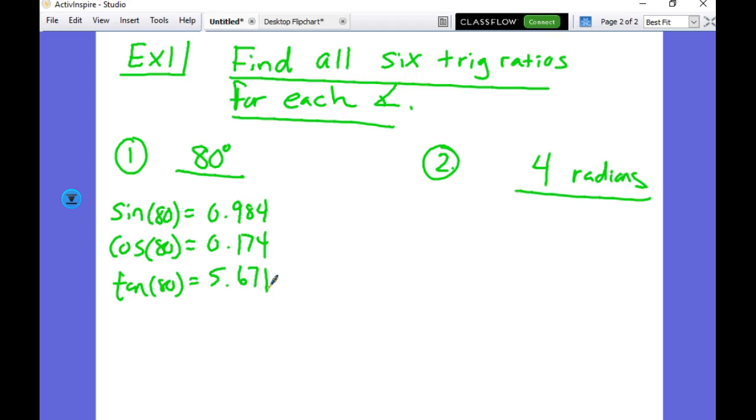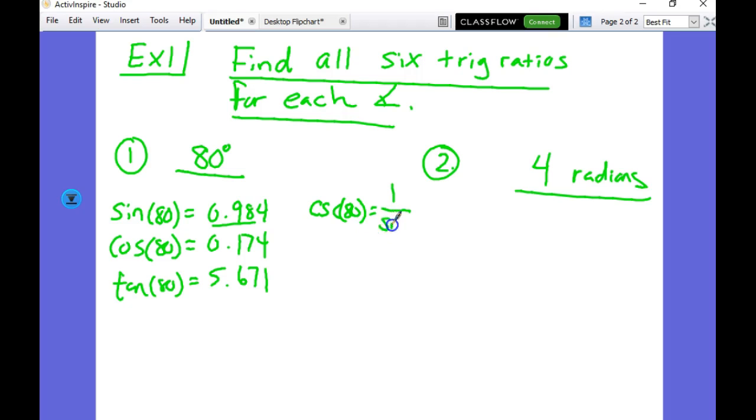Now, what if I asked you to find cosecant of 80? What we're going to do is we're going to take the answer for sine, and we're going to do the reciprocal of it. So it's 1 over 0.984. Or if you don't want to use a rounded number, let's do this instead so that we can get a better answer.